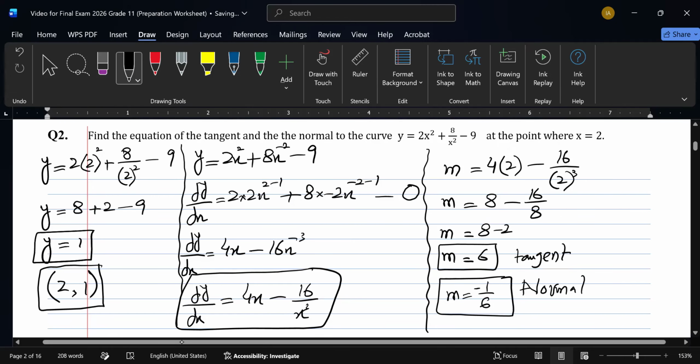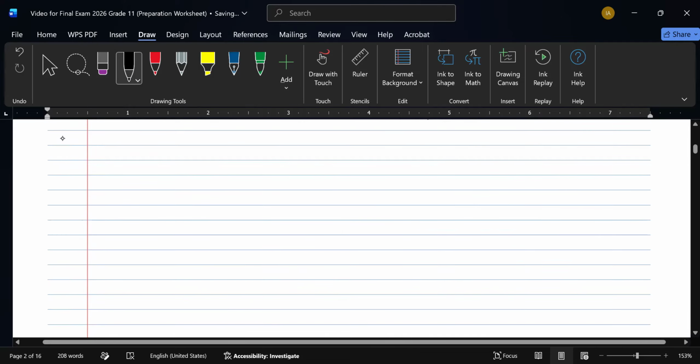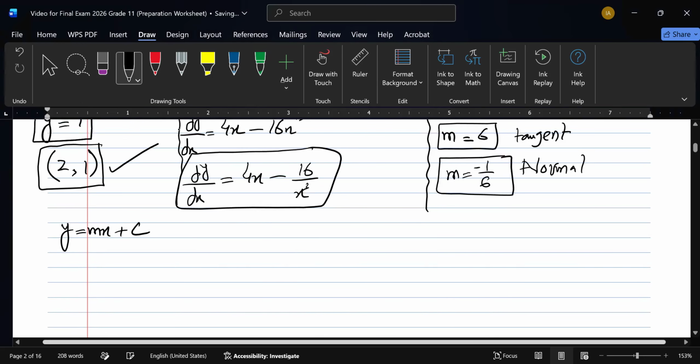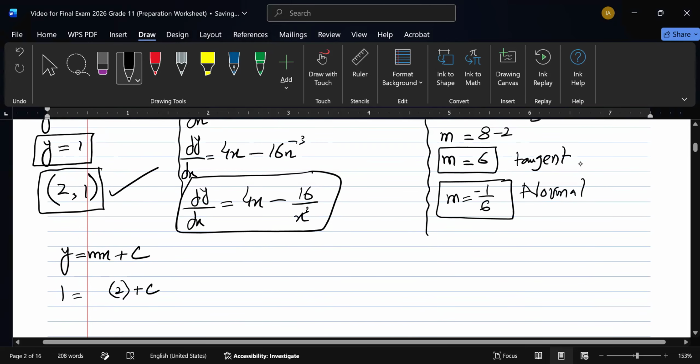But we need the equation. And the equation we must follow is y is equal to mx plus c. So first of all, we will go for the equation of the tangent. We substitute the point, and the point is 2, 1. Y is 1, x is 2, but we need the equation of the tangent, so we must substitute the gradient of the tangent, which is 6.